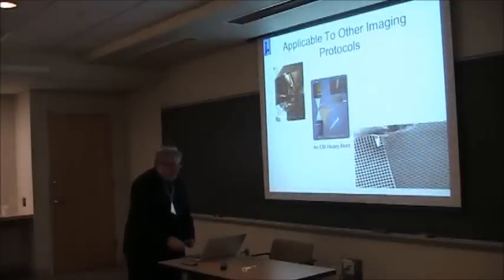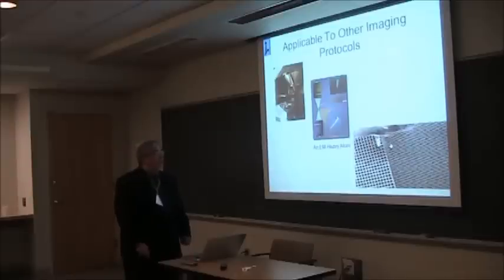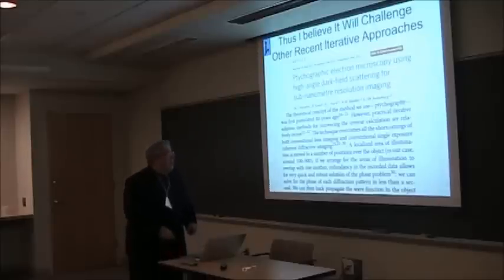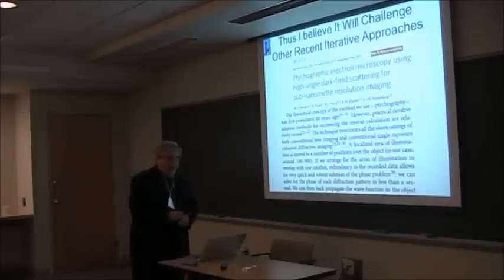And we think that this should also, in fact, allow us to apply it to electron microscopy. There's been a lot of interesting work done, and this is one of the most recent papers that is also iterative to get the phase in electron microscopy.